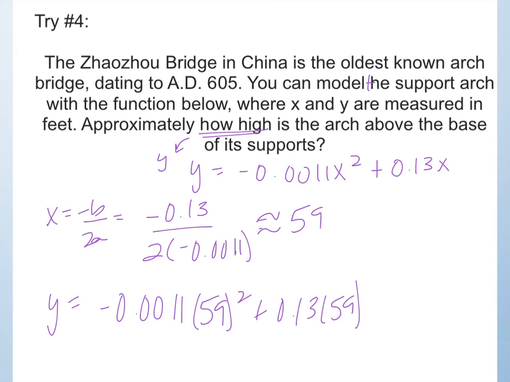All right, 59 squared, and then times negative 0.0011, and then if I add that to 0.13 times 59, I get about 3.84. That would be about 3.84 feet above the base of the supports. So that is our answer.